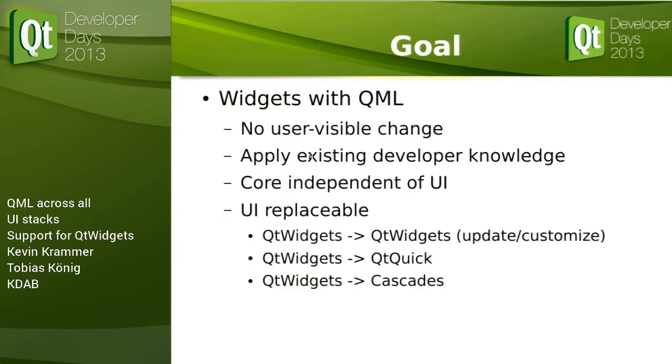Because we know QtWidgets are stable, and maybe we have a lot of legacy code that is QWidget based. So we can simply use QML to describe the UI, but behind the scenes, we create a QWidget tree, and we can use this created QWidget tree with the rest of our QWidget-based application. So we have an easy migration path.